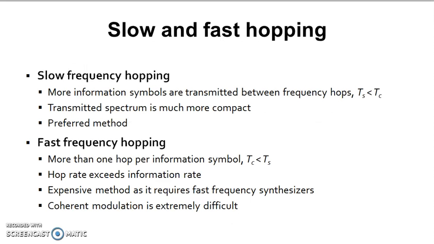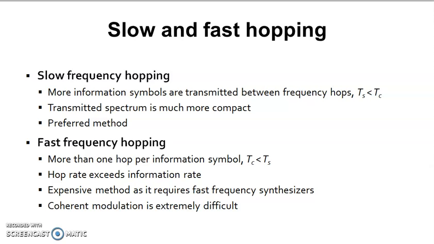There are two types of hopping, slow frequency hopping and fast frequency hopping. In slow frequency hopping, symbols are transmitted between frequency hops, TS is less than TC, and the transmitted spectrum is much more compact, so slow frequency hopping is preferred. In fast frequency hopping, there is more than one hop per symbol, that is TC is less than TS.